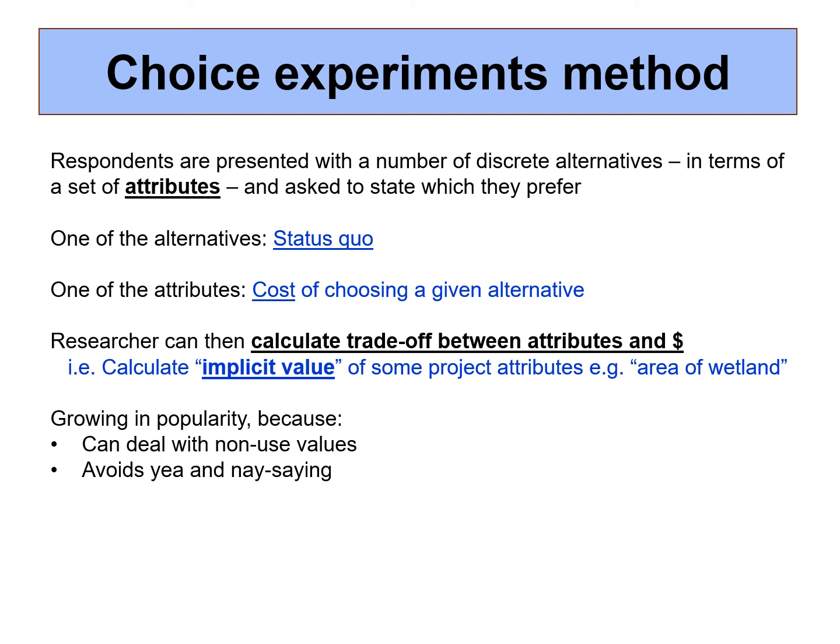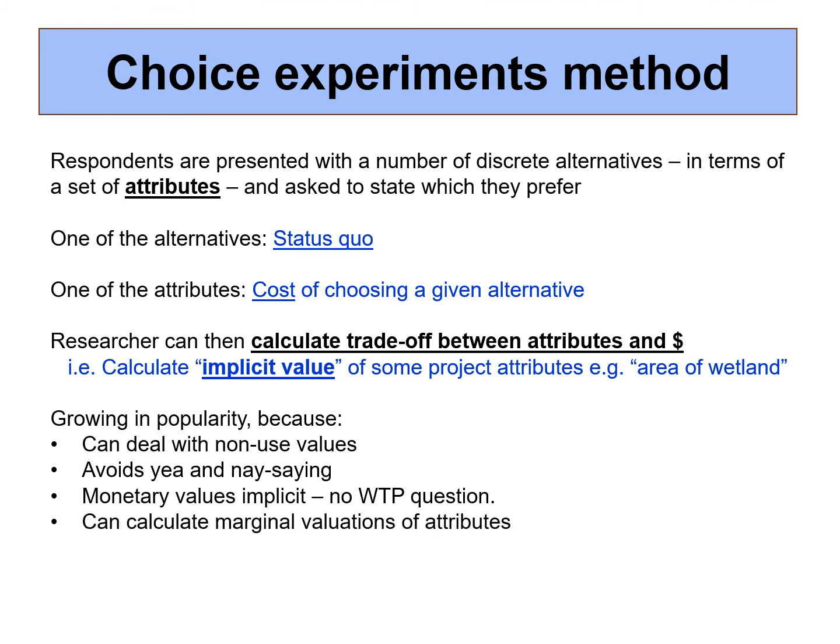It can also avoid yea-saying. Okay, and the monetary value in choice experiment is also implicit. So we don't have to ask them straight away how much they are willing to pay for improvements in the environmental quality. Okay, and choice experiment can calculate the marginal valuations of the attributes.